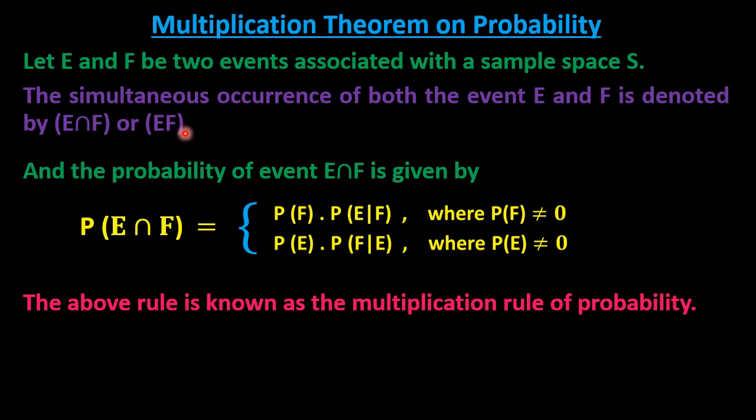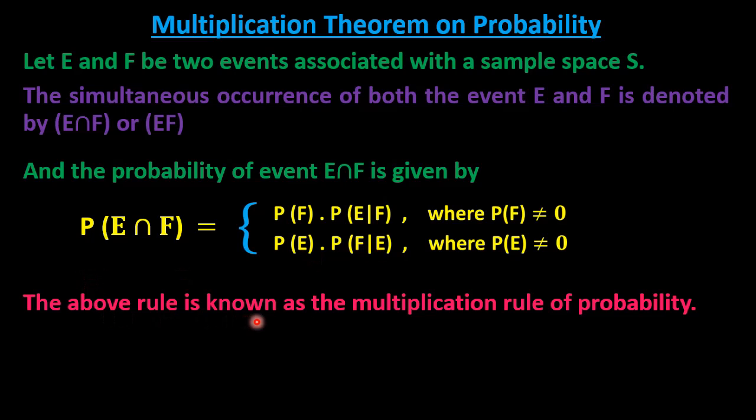The probability of the event E intersection F, or EF, is given by the product of the probability of the event F multiplied by the conditional probability of the event E where the event F has already occurred. Or there is another formula also, which is the product of the probability of the event E multiplied by the conditional probability of the event F where the event E has already occurred.